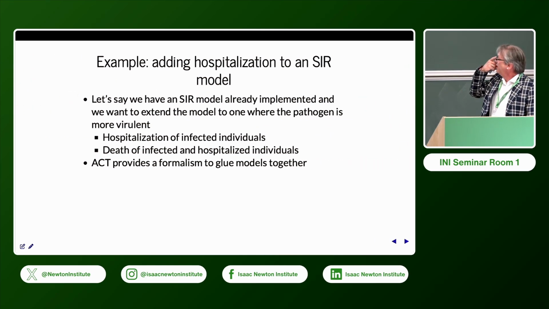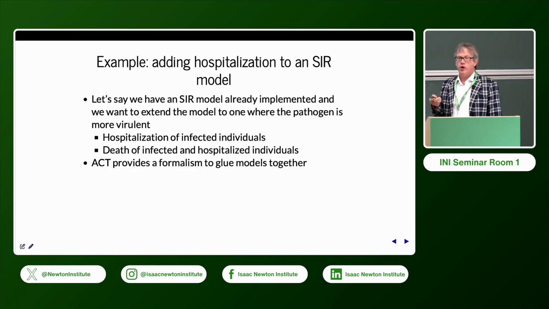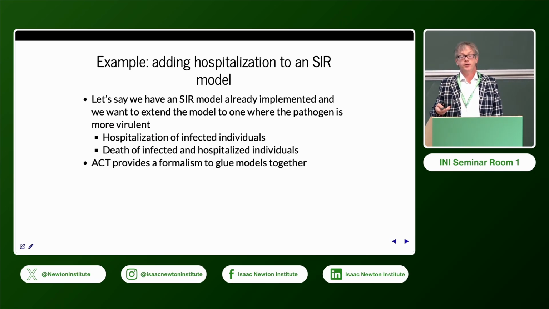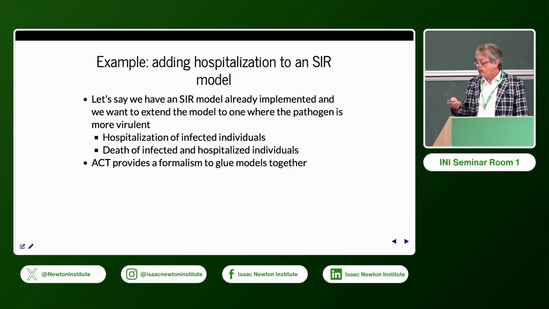Just to be more specific, let's say that we have an SIR model and we want to be able to include a pathogen that is more virulent. So now our infected individuals die, or they could go to hospital and either recover or die. So this approach, where we've taken a categorical theoretical representation of these Petri nets, provides a formalism where we can glue those models together.